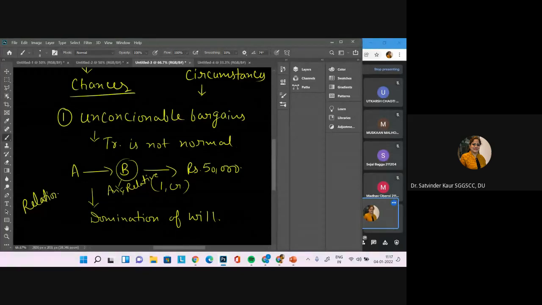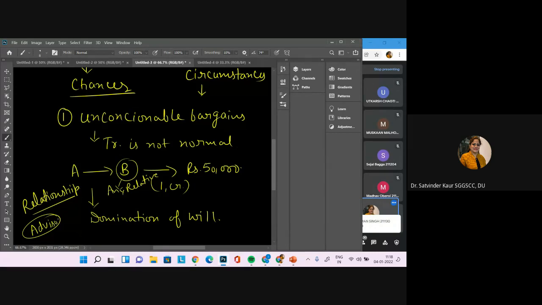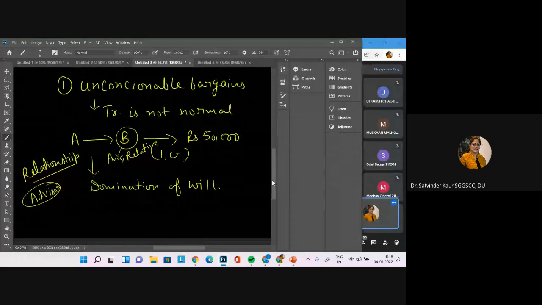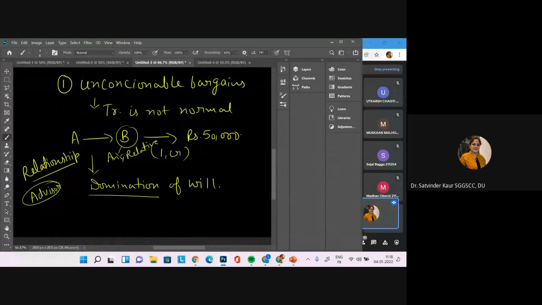Sometimes, in certain movies, certain scenes, you must have seen that one person has gifted a big car or a big amount of money to the other person, and later on the person came to know that he was the advisor, or the lawyer, or in a particular case he has helped to win the case. So what was the position, whether it was a natural normal transaction, the person has entered into the transaction with free consent, or there has been certain things.